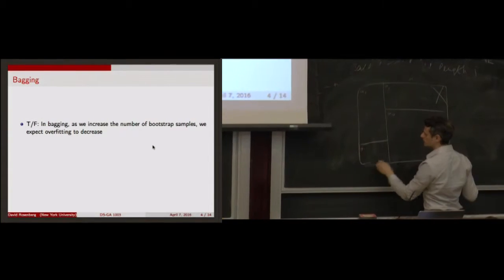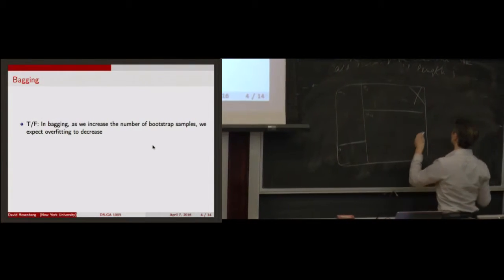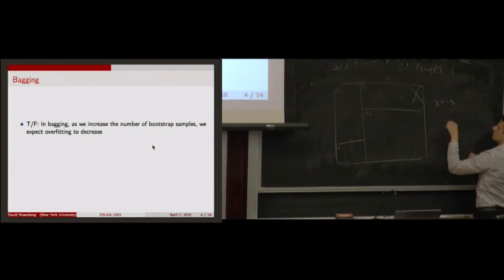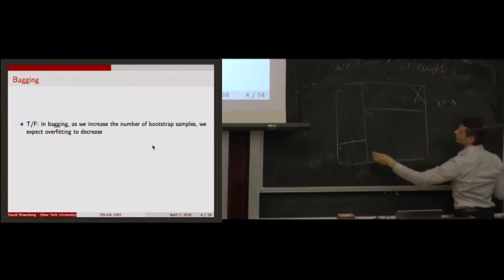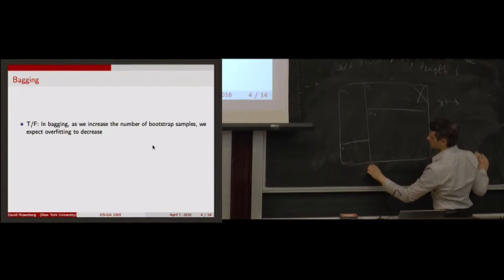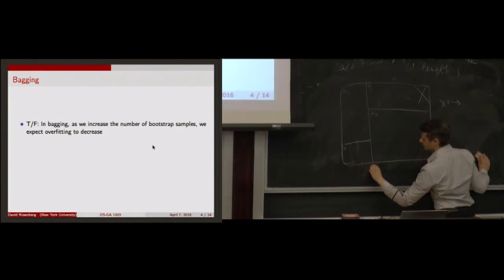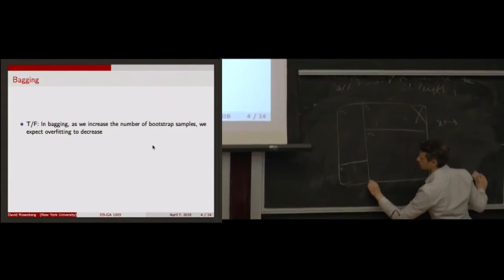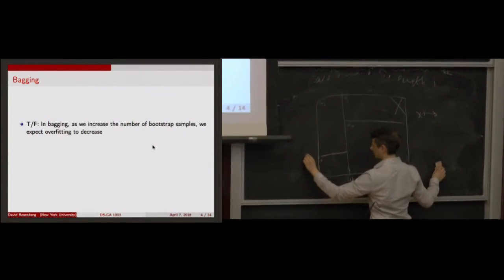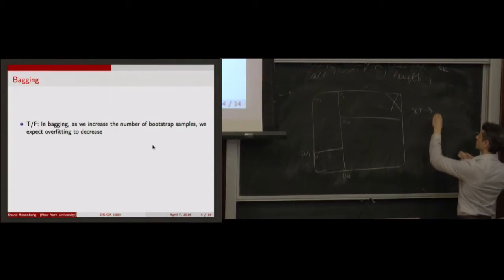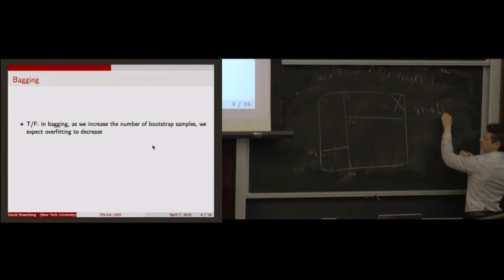And I claim that you can code up a function of x. So x maps to something that's 1 if x is in this region and 0 otherwise. Suppose this split is at W0, and this is W1. Then we can map x to an indicator function.